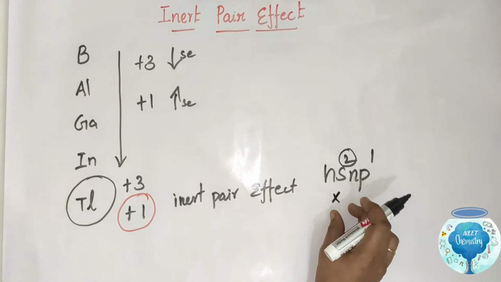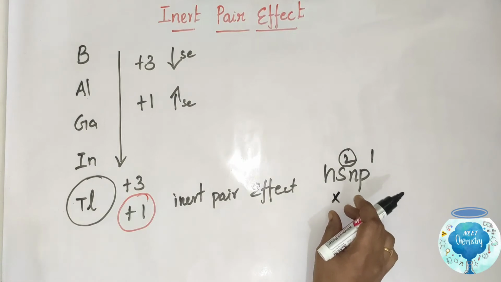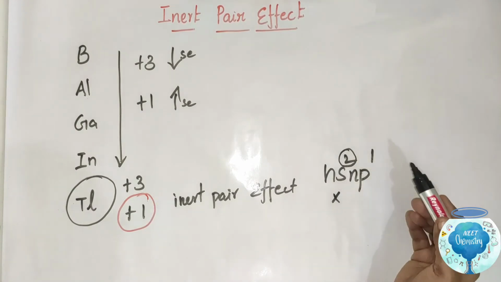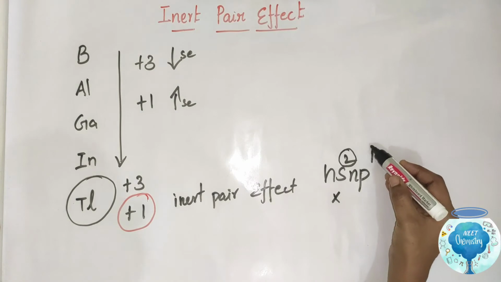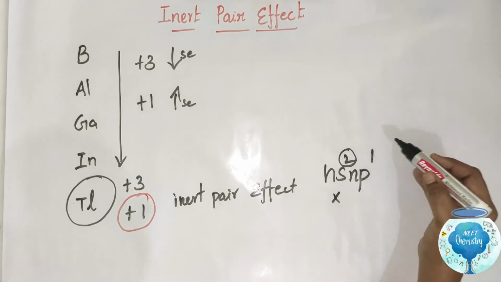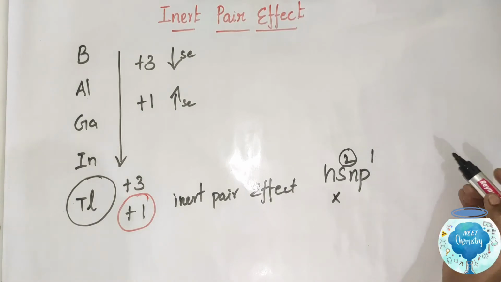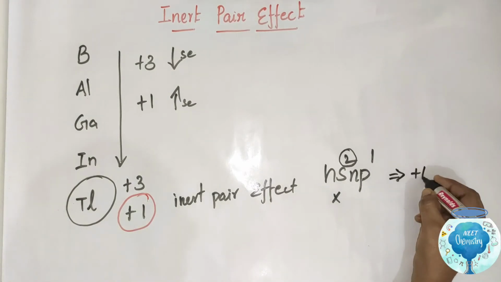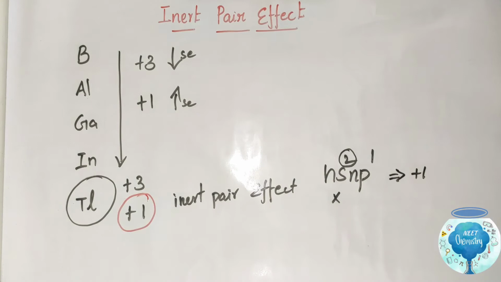This inertness of the ns electrons in bonding is known as the inert pair effect. That's why the 2 electrons do not get involved in bonding. Only this 1 electron is involved in bonding. So the stable oxidation state is plus 1. Clear?